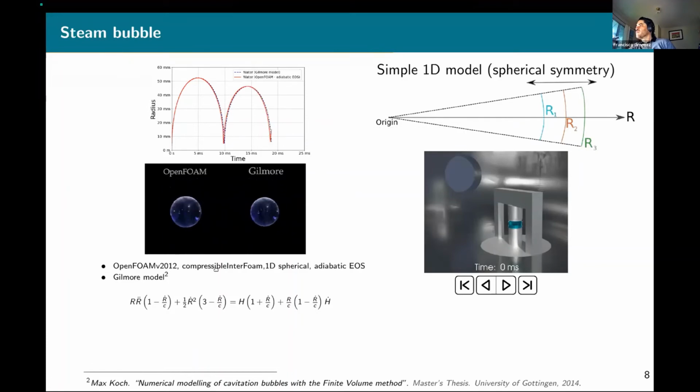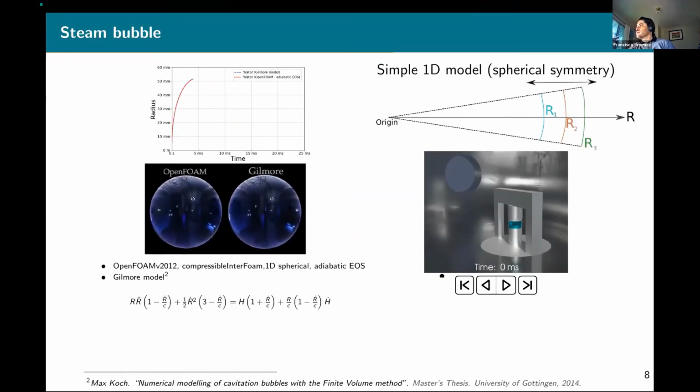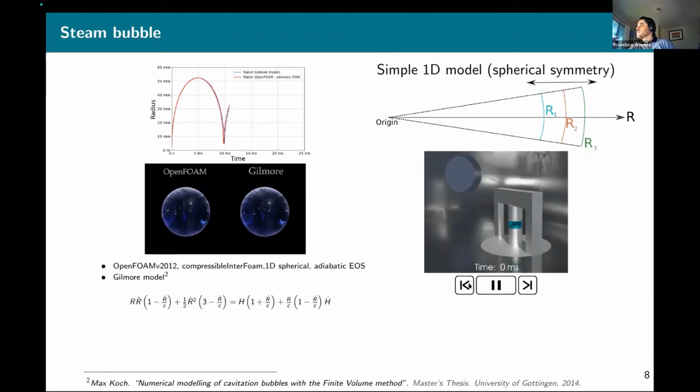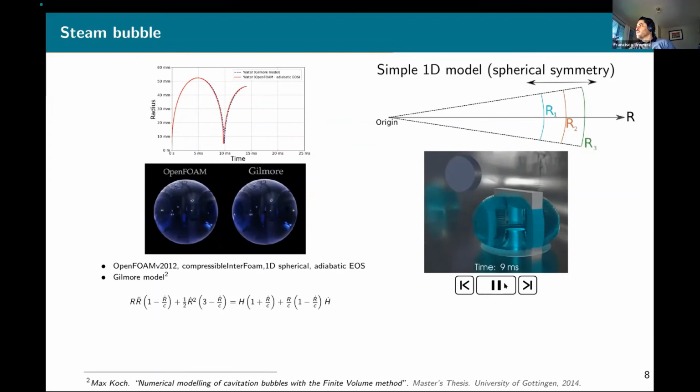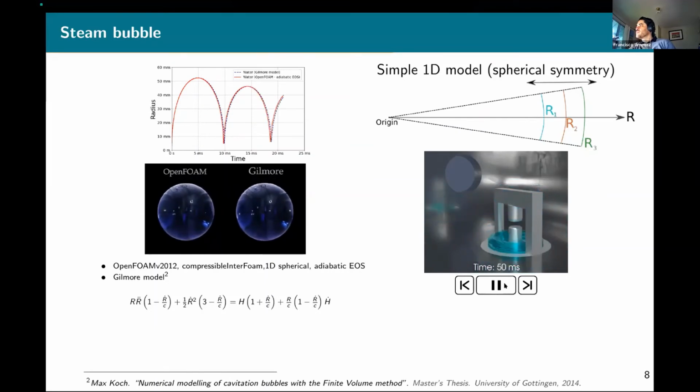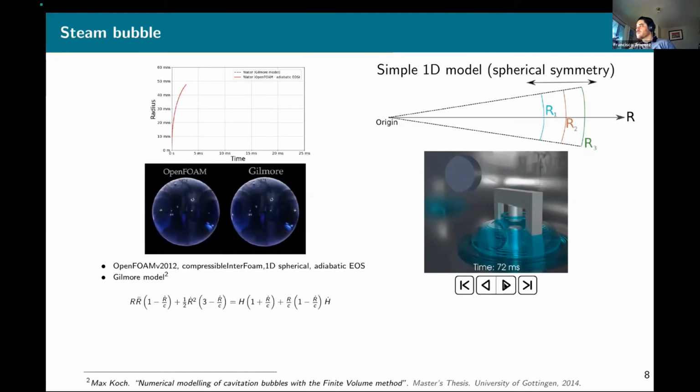We use a setup very similar to Koch's master thesis, and we also have a simulation of bubbles in more realistic geometries, and we are still working on this part of the process.